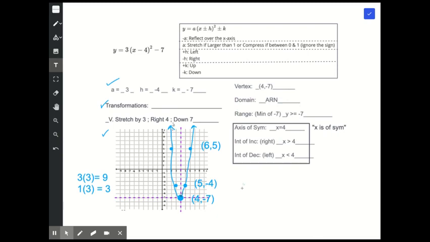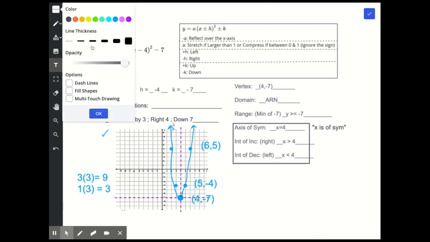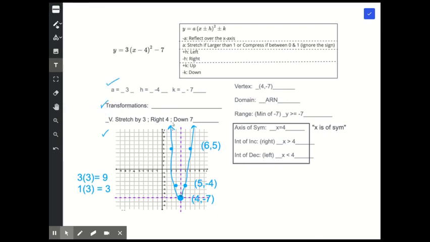Sometimes we do ask you, what is the maximum or minimum value? Max or min value. And I kind of already named it up here. It is a min of -7. And let me expand on that just slightly. The value of the function is like a y. This is a y function, right?